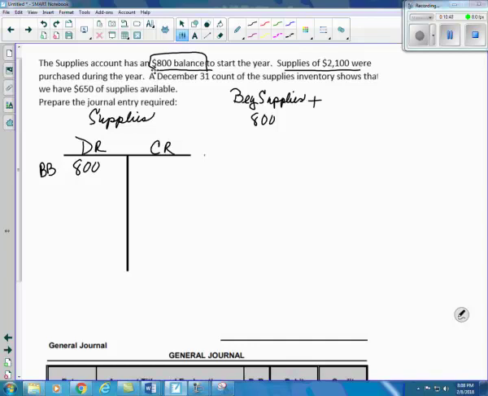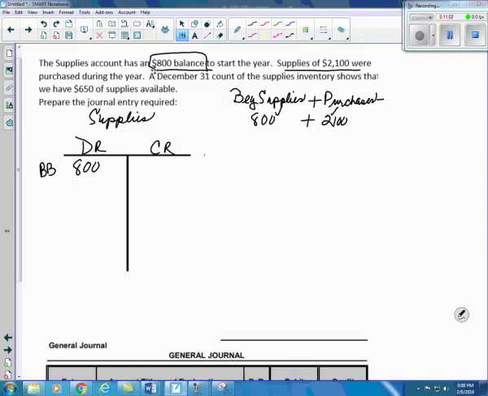So if we have our beginning supplies and our purchases, so our purchases are 2,100, and if we use some of them, so what we have available to use is the 800 plus the 2,100.